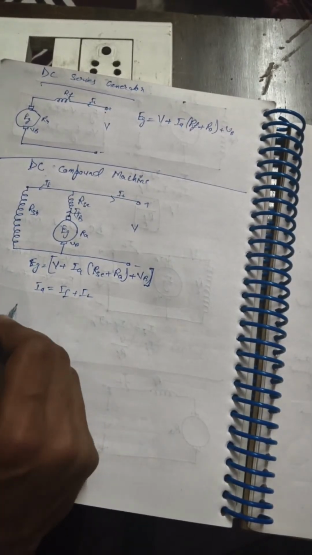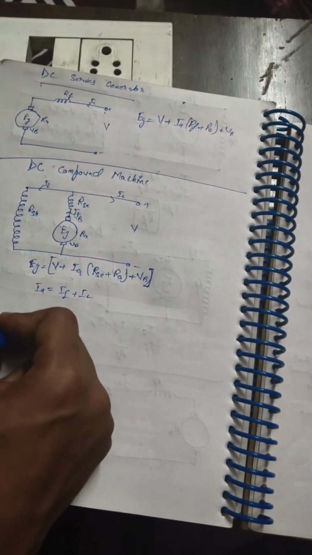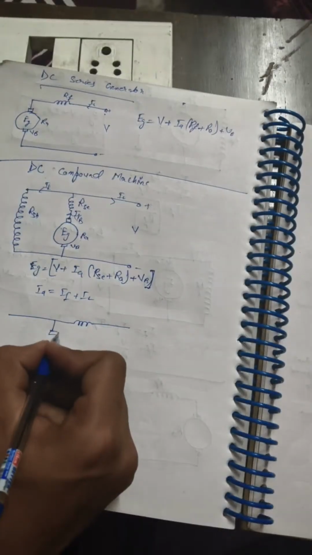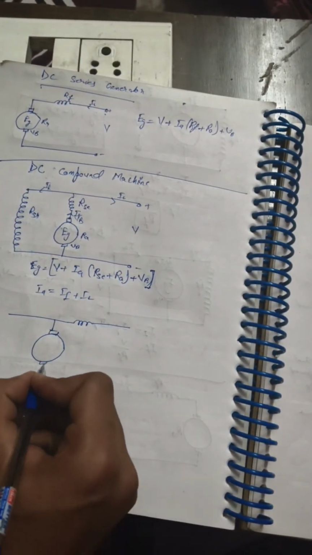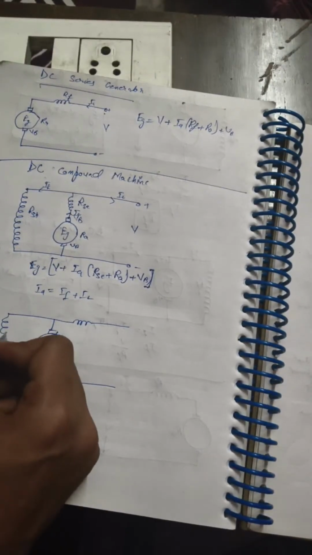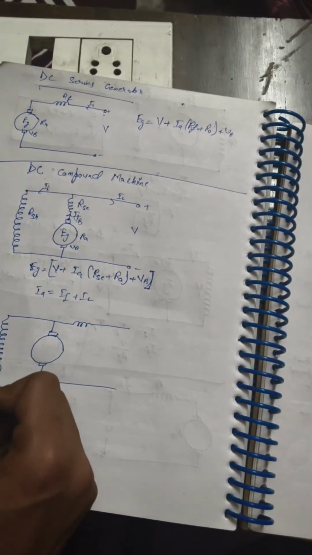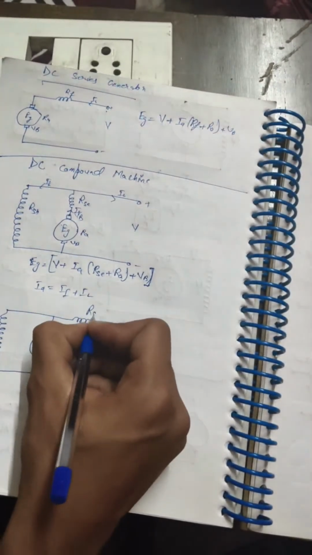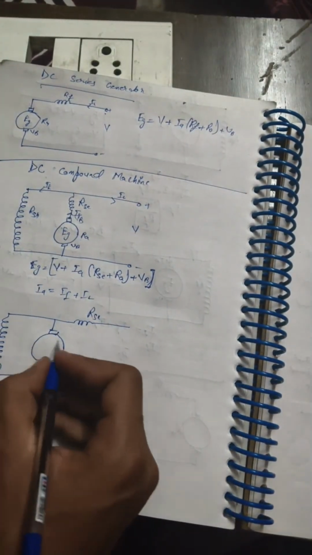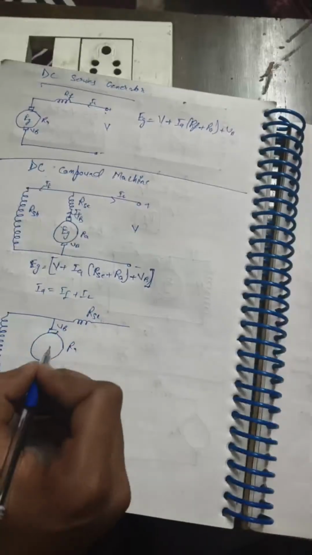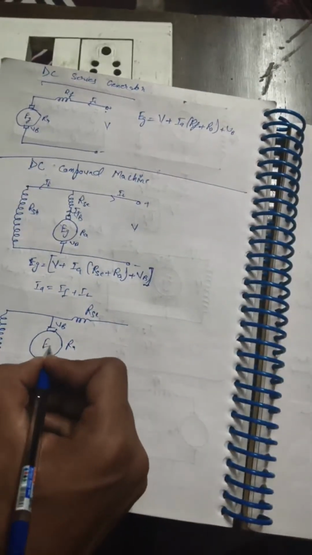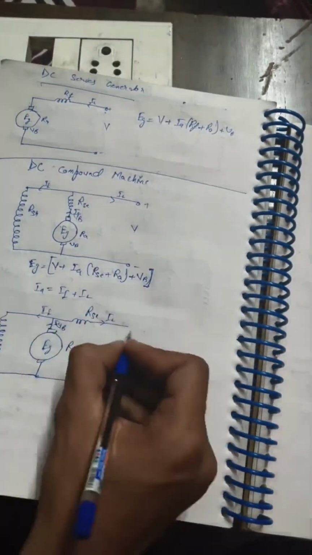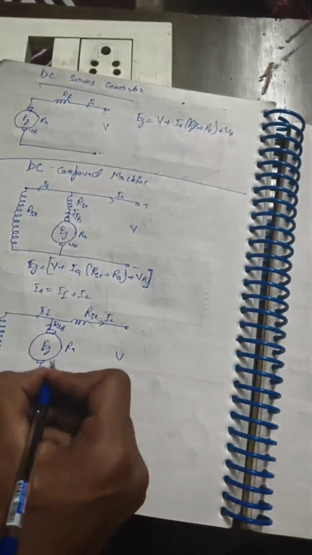Now for the short shunt DC generator. This is RF, this is RSE, this is RSH, RA, VB, and EG the generated voltage, currents IA, IL, IF, terminal voltage V, brush drop VB.